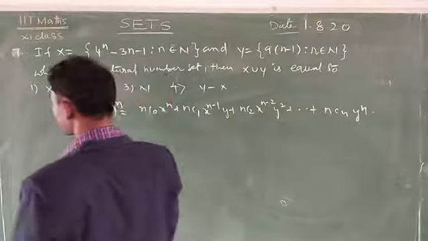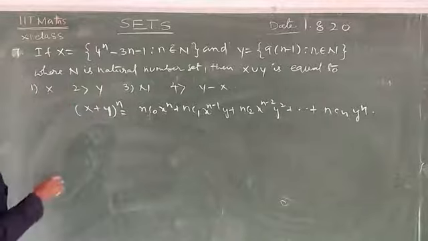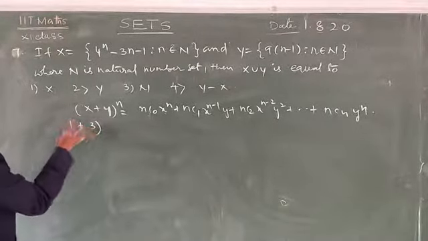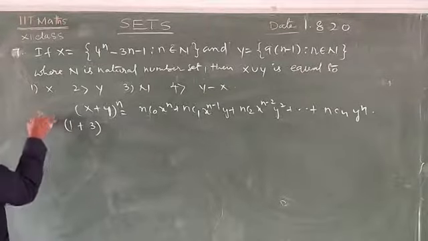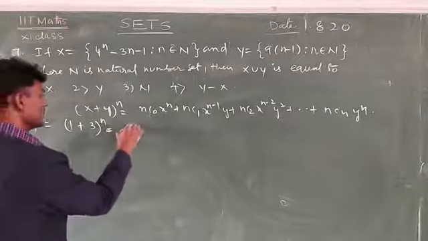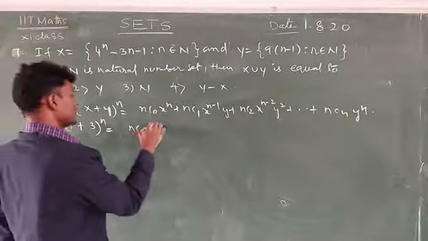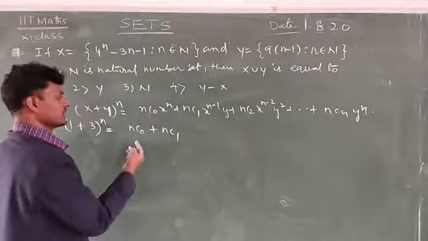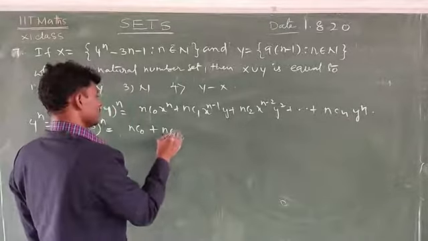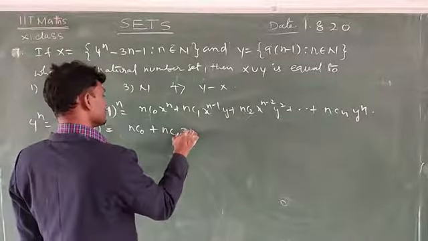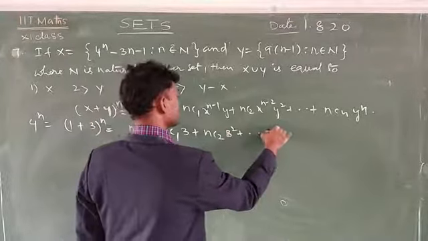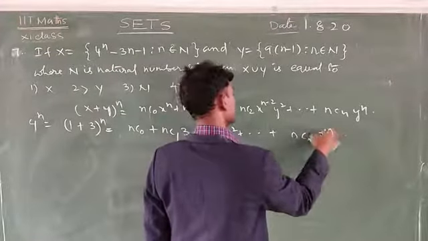This is the binomial expansion of (x plus y)^n. Here instead of x you take 1, and y is 3, then 1 plus 3 is equal to 4. 4^n is equal to nC0 plus nC1 3 plus nC2 3 square up to so on nCn 3^n.